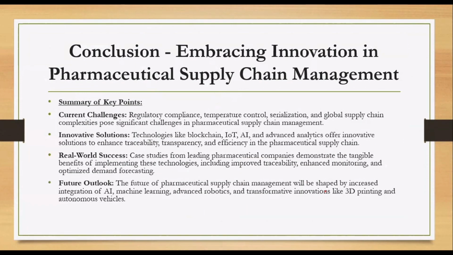So if you look at finally how technology is embracing in pharmaceutical industry or embracing innovation, how technology innovation is going to be there. So current challenges, regulatory compliance, we have seen, innovative solutions that we have seen, real world success case studies also we have seen, and future outlook also we have seen.